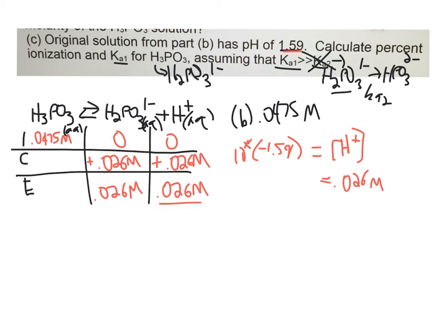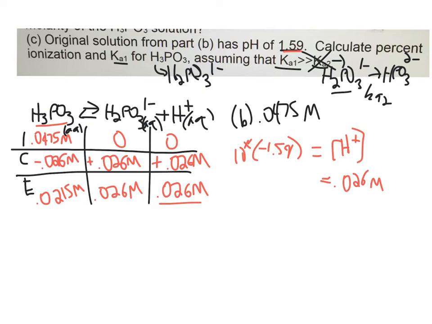And so that means we can then determine at equilibrium how much of this is left in concentration. If 0.026 molar concentration is for the H ions, that means there's going to be some left over for H3PO3, and yes, there definitely will be, which is 0.0215 molar.